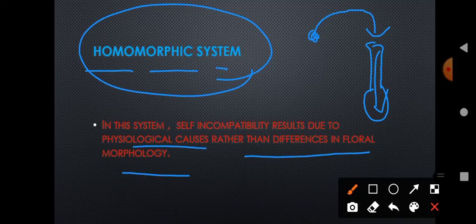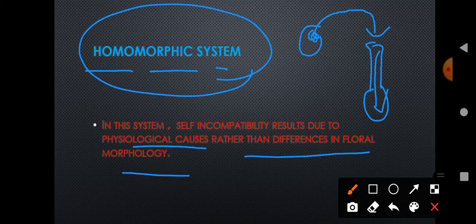For example, if the pollen grain has not succeeded in landing on the stigma, then self pollination will not take place, right? And if it does not germinate on the stigma, or if the pollen tubes do not form, then it also does not result in seed setting.